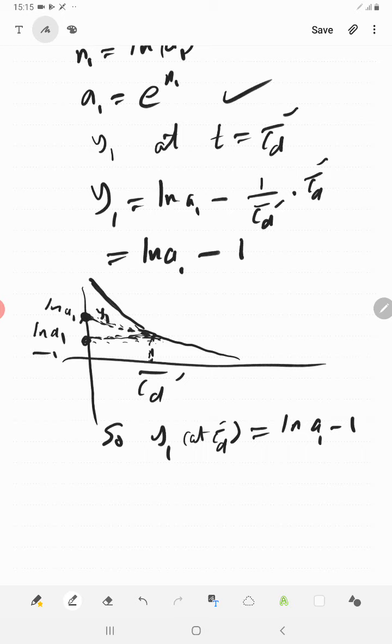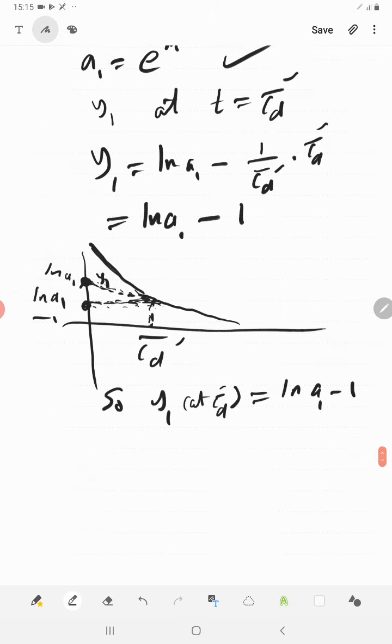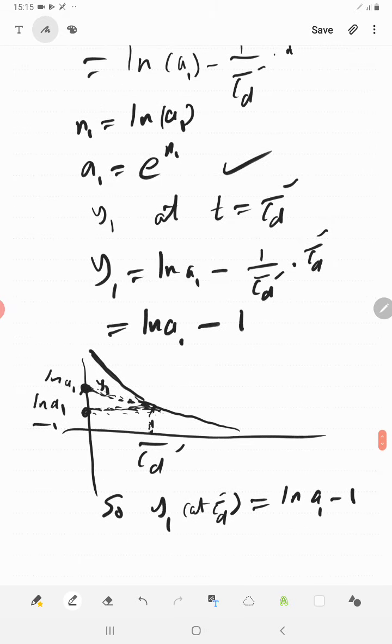So actually we have two ways. We take y1, this is y1.